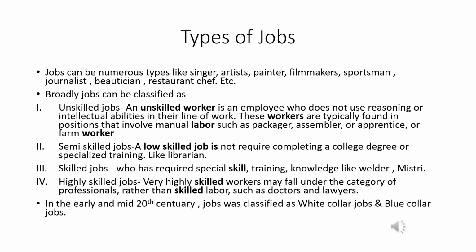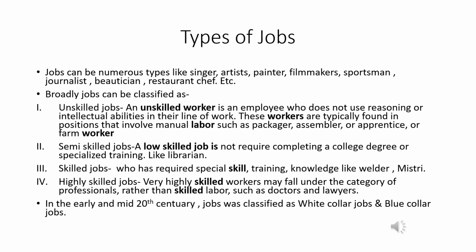So students, in this slide we are going to learn about types of jobs. Previously I have already mentioned the numerous types of jobs. They might be engineers, doctors, wherever you turn around you can get particular job holders, in the form of artists, painters, singers. These all are jobs, right?